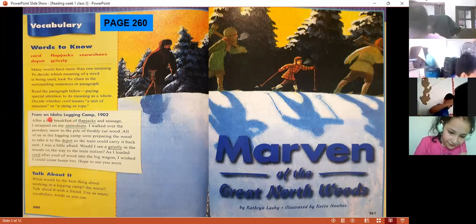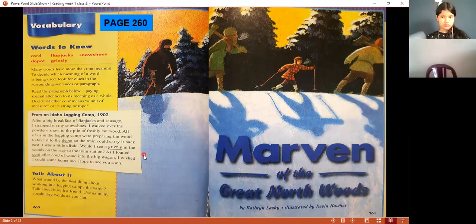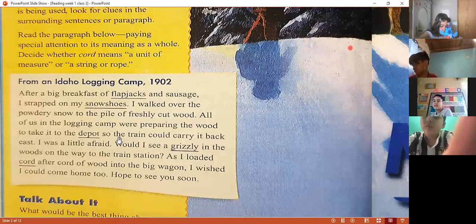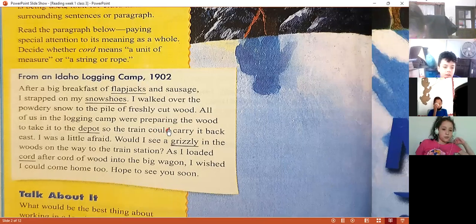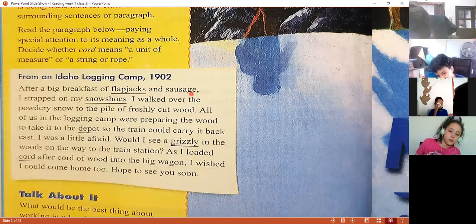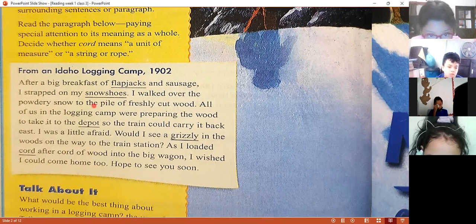Now, Frontier Idaho Logging Camp, 1902. Here we have a paragraph where we have the words. Volunteers who want to read this paragraph? Khaled? Okay, Khaled, help me to read. After a big breakfast of flapjacks and sausage, I strapped on my snowshoes and walked over the falling snow.